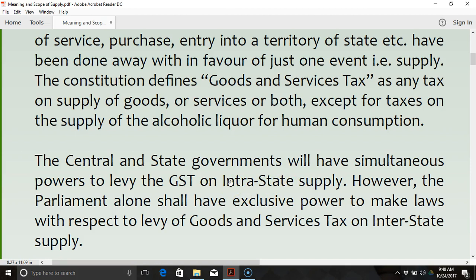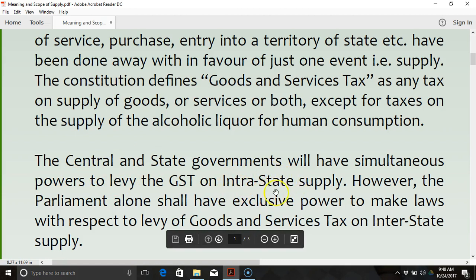So, in case of intra-state supply, the state government and central government have simultaneous powers. What do they say? The central and state governments will have simultaneous powers to levy the GST on intra-state supply.